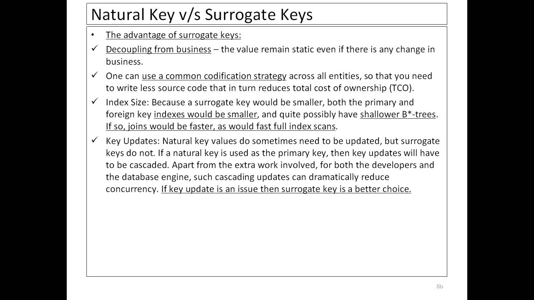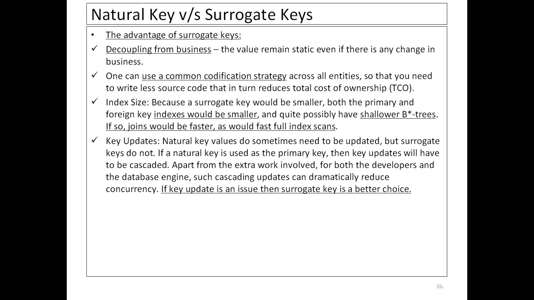Key updates: natural key values do sometimes need to be updated, but surrogate keys will not be updated. If a natural key is used as a primary key and the key gets updated, then the same updates need to be cascaded across all the child entities so as to have concurrency across the database.